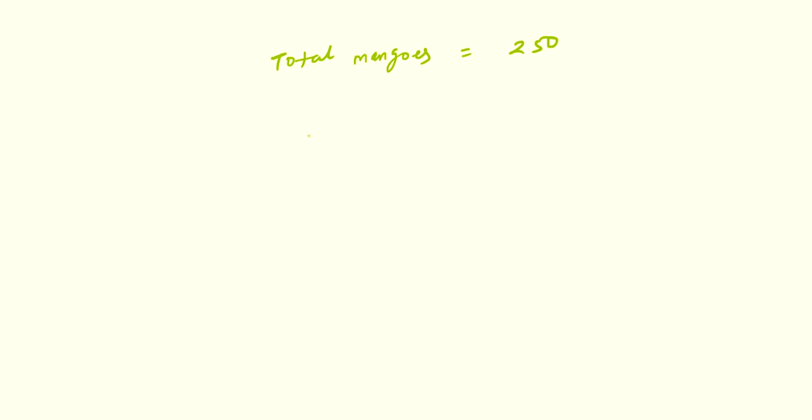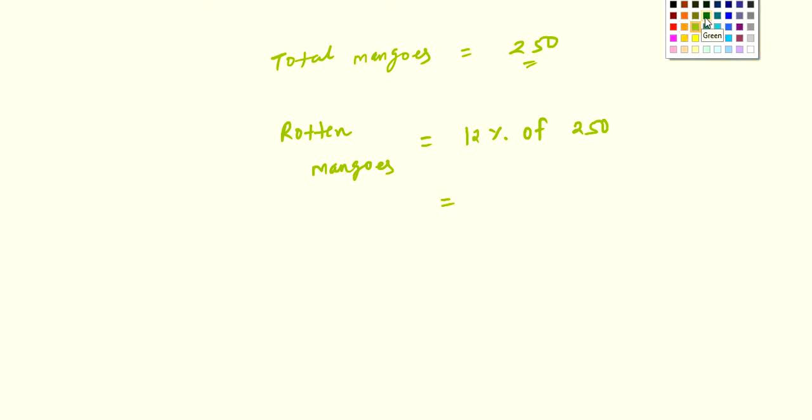So first we will find the rotten mangoes. Rotten mangoes equals 12% of total mangoes. Total is 250, so we will find 12% of 250.